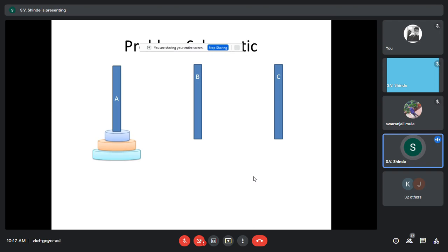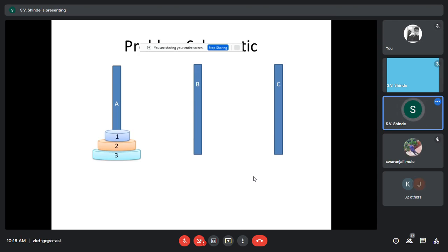Yes, participants, able to view the pictorial representation of the pegs? There are three pegs A, B, and C. Initially the disks are on peg A. For better understanding, we have labeled each disk. You can see it is 1, 2, and 3.